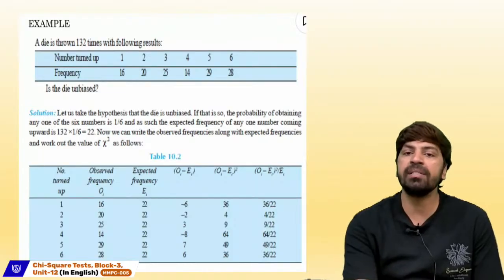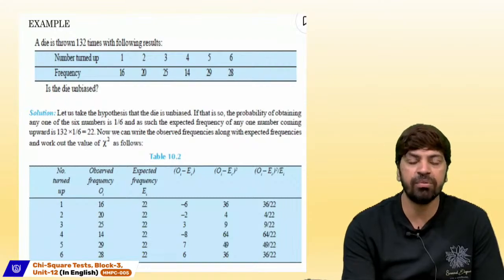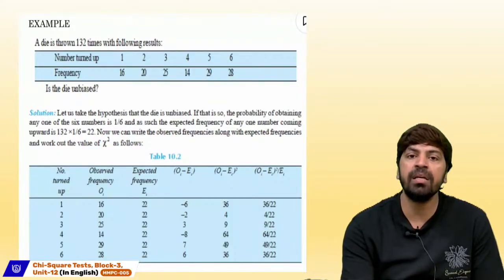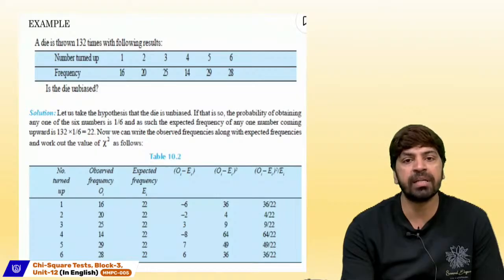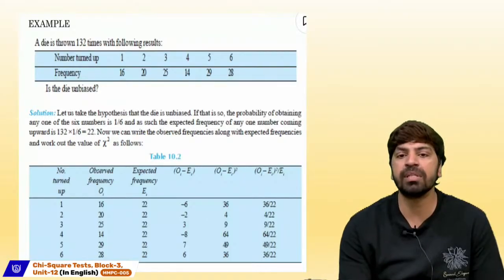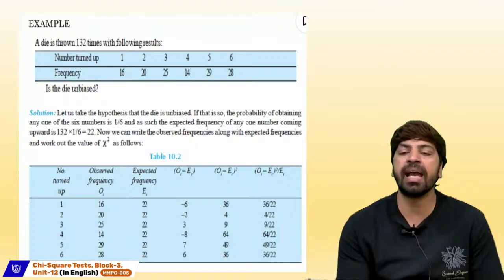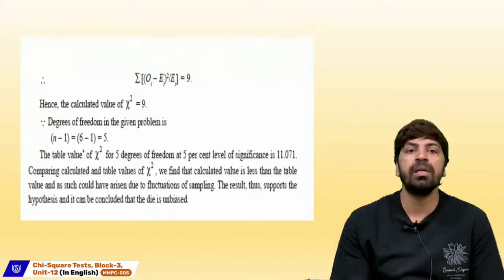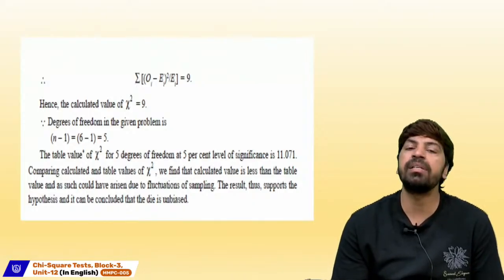So 36 divided by 22 is 0.36 or so, then 4 divided by 22, then 9 divided by 22, and so on. Summing these values, we get the value 9.